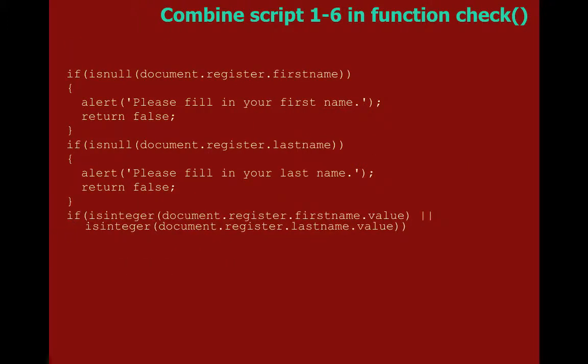You have a field called first name and a field named last name, and so on. To get the actual value, you have to put dot value. That is how you refer to the values that are entered by the user on a form.